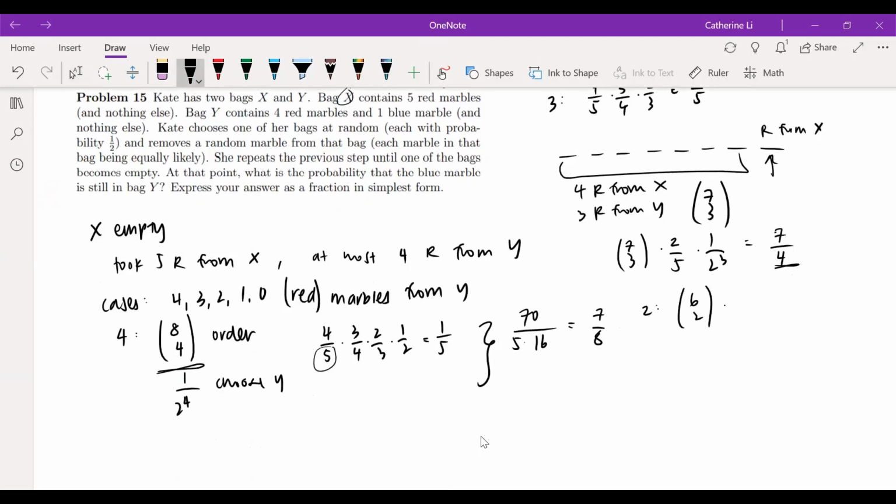So 6 choose 2 times 3 over 5 times 1 over 2 squared, which is 15 times 3 over 20, so 9 over 4. And then 1 is 5 choose 1, 4/5, 1/2, which is 2.